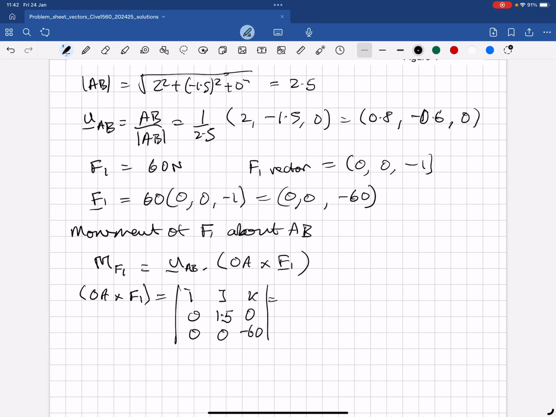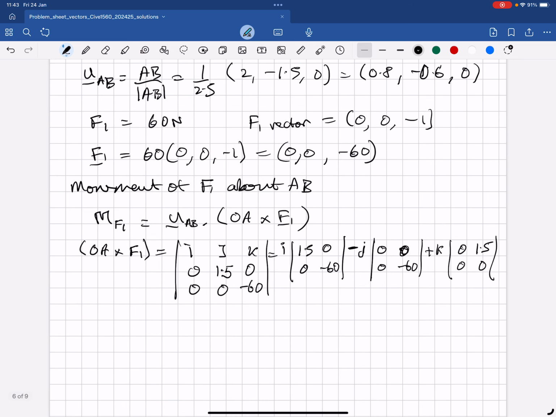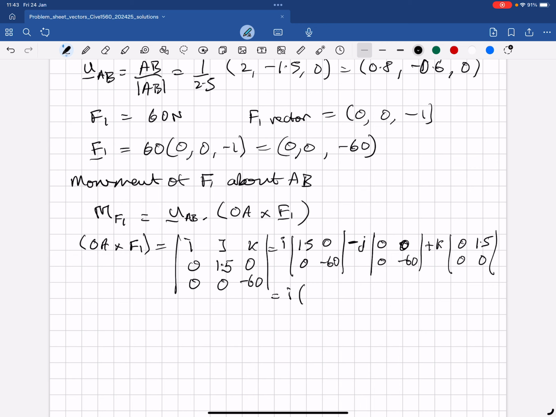Cross product, doing the determinant calculation, we have I times (1.5 times minus 60 minus 0 times 0) minus, remember there's a minus there, J times (0 times minus 60 minus 0 times 0), plus K times (0 times 0 minus 1.5 times 0).